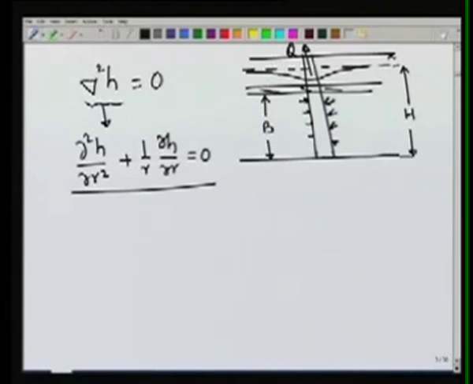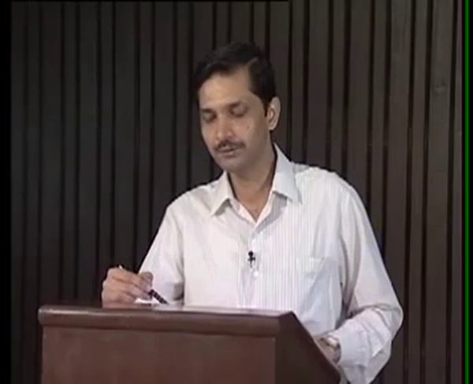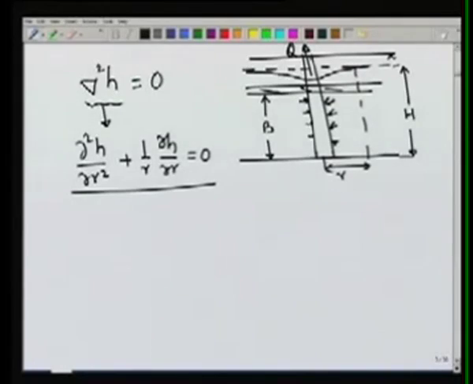In other words, at any distance r from the well, the value of H will be the same irrespective of what is the angular direction in which we are measuring it. So due to radial symmetry, the del squared H by del theta squared term is ignored from here. So this is the equation of motion for steady state flow in a confined aquifer towards a well which is screened throughout the aquifer thickness and which is pumping at a constant rate of Q.